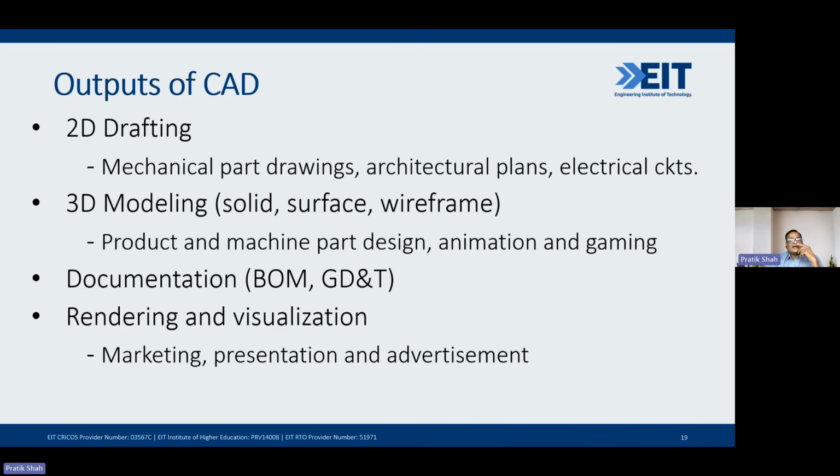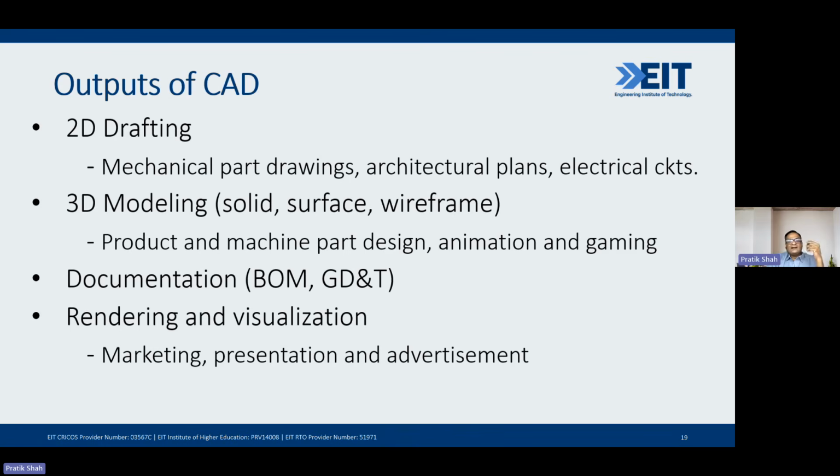Basically, when we are using CAD software, the outputs can be any of these three. I'm stressing upon it because the outputs of CAD will be inputs to the CAM manufacturing systems or the CAE systems. So the output of any CAD software can be 2D drafting, which is what we call a manufacturing drawing.